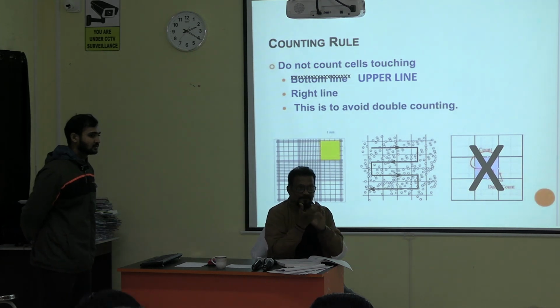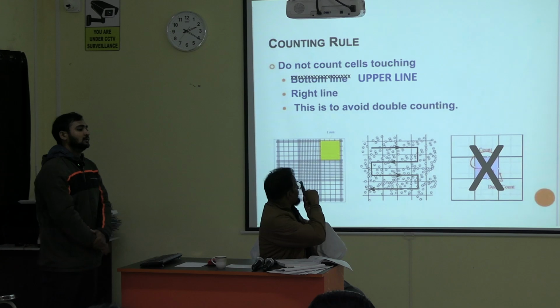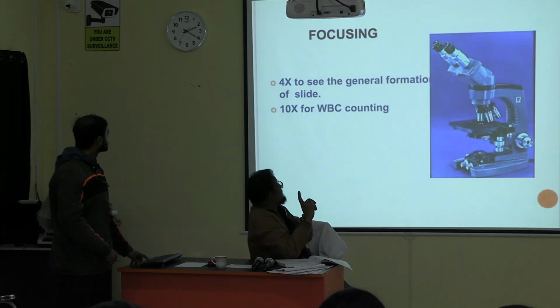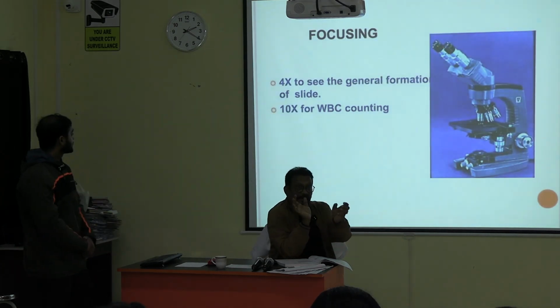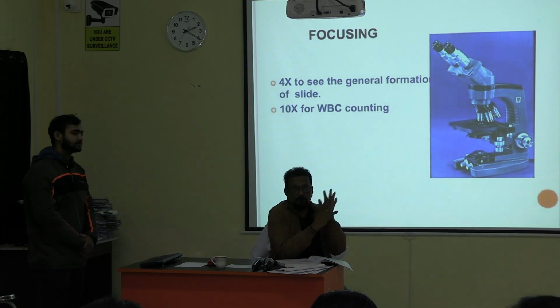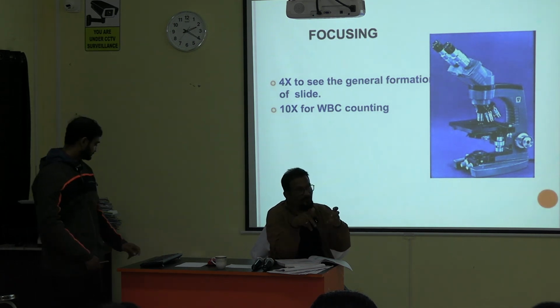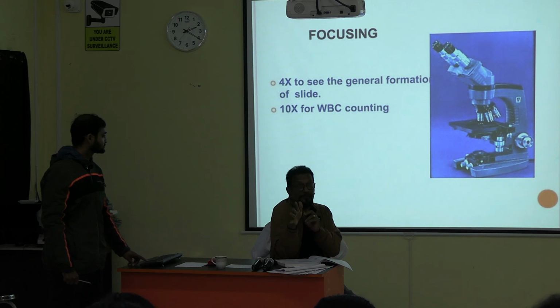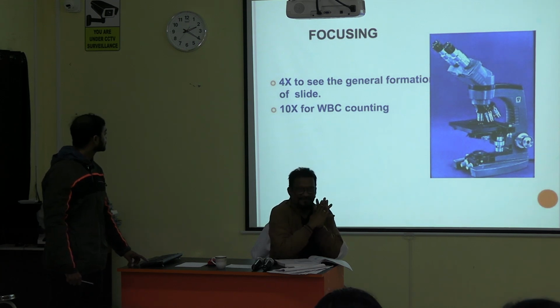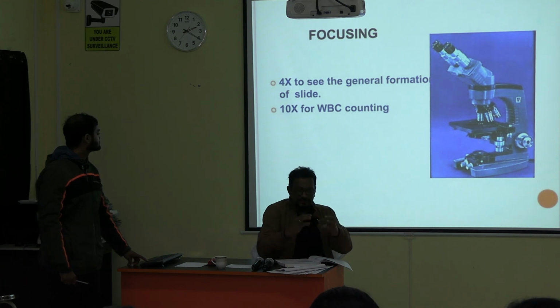After focusing through the survey objective, you shift to 10x. Then you focus it and don't break the hemocytometer, because you will be lifting the stage.